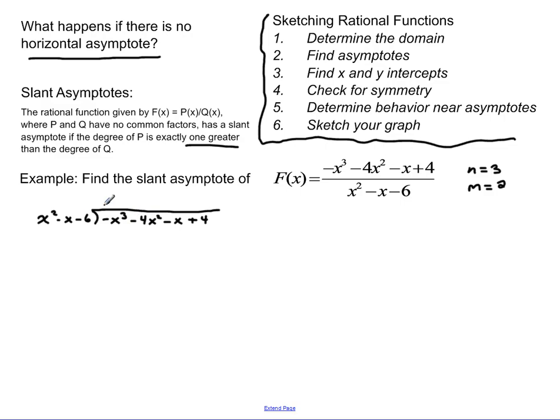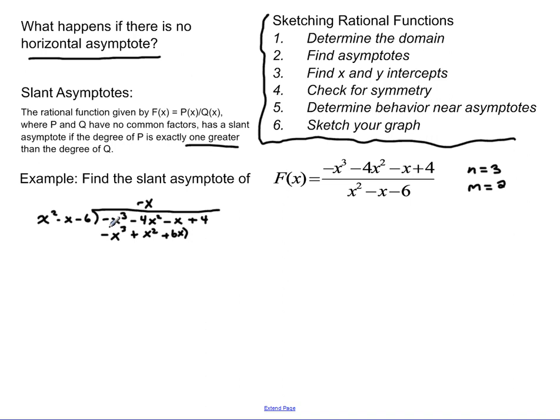What would we have to multiply by x squared to get negative x cubed? The answer is negative x. So negative x times x squared gives me negative x cubed. Negative x times negative x, that's plus x squared here. Negative x times negative 6 is plus 6x.